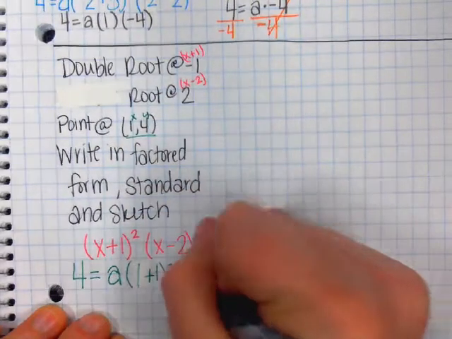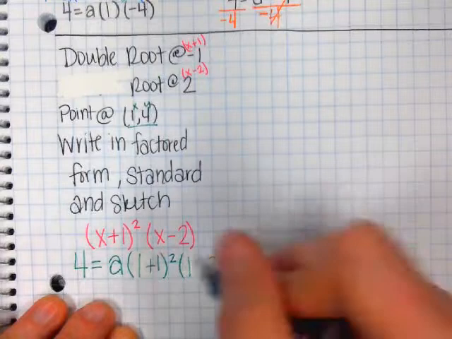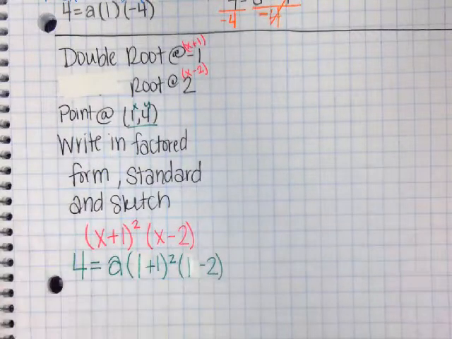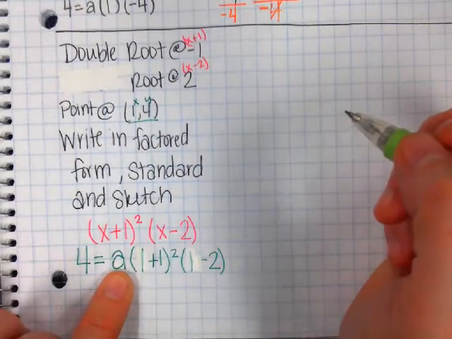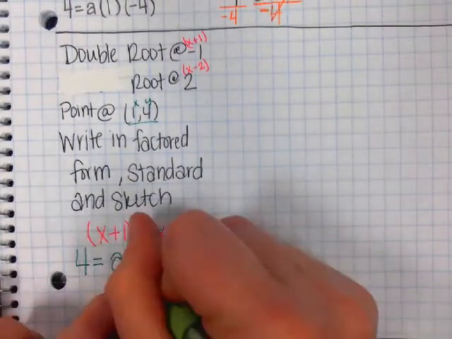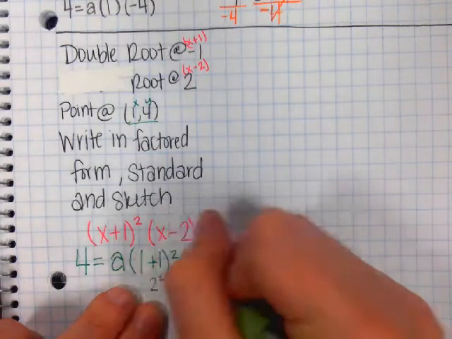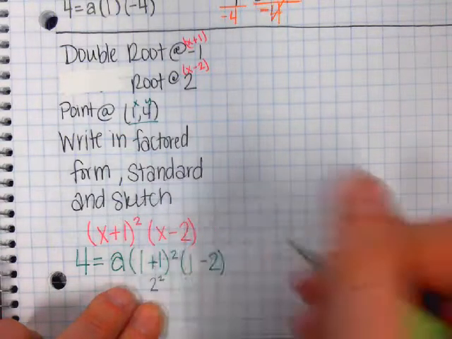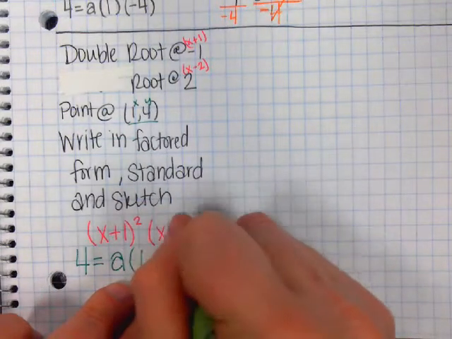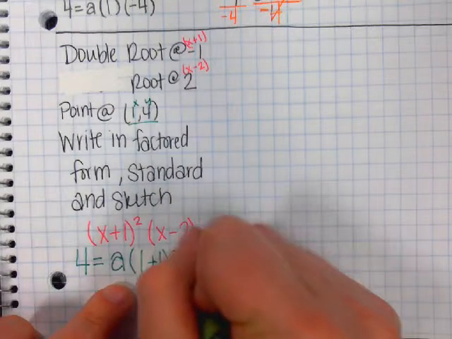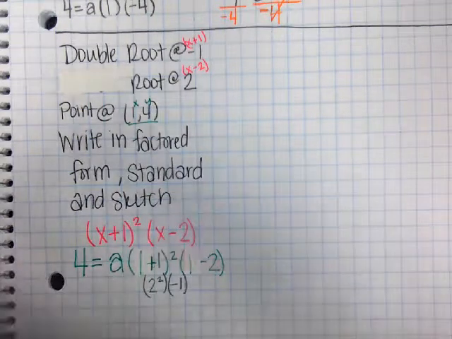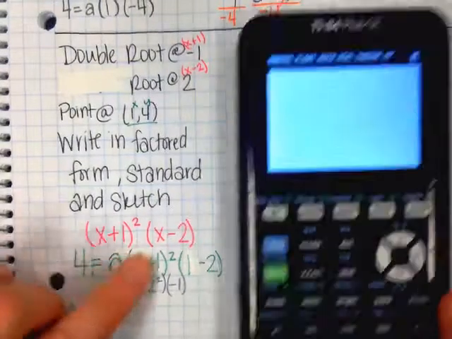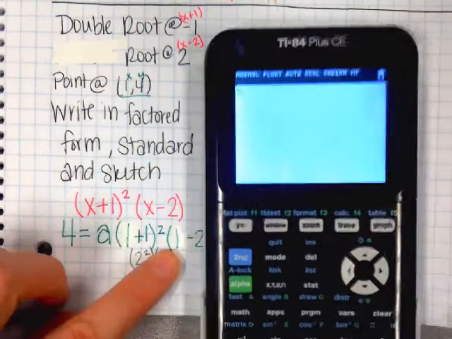So the x value is 1, so I need it to be 1 plus 1 and 1 minus 2. Again, we're going to solve for a. So 1 plus 1 is 2 squared, and 1 minus 2 is -1. So it's going to be 2 squared times -1. Go ahead and just type it in.